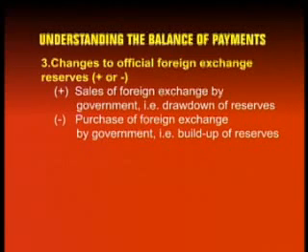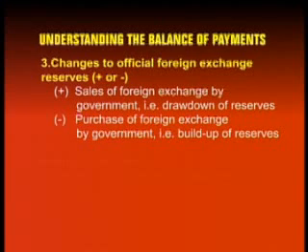We've been talking about earlier how in a fixed exchange rate regime, the government has to supply foreign exchange or dollars to the market when there is an increase in demand, for example, or has to create the demand for dollars in the market when there is an increase in supply. And the government has to do that in order to keep the exchange rate fixed.